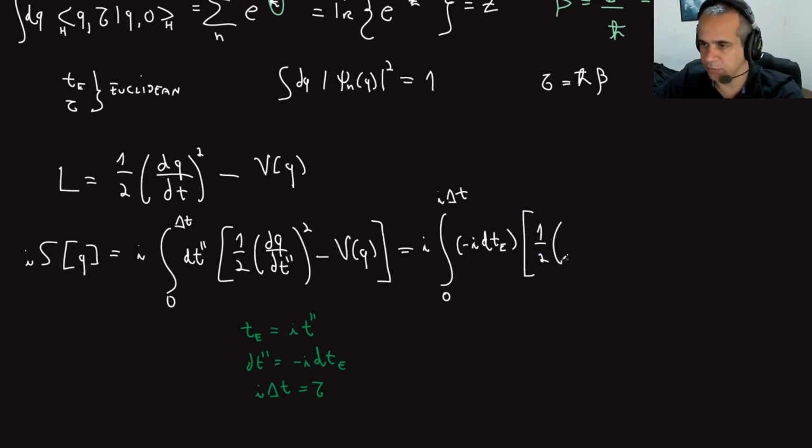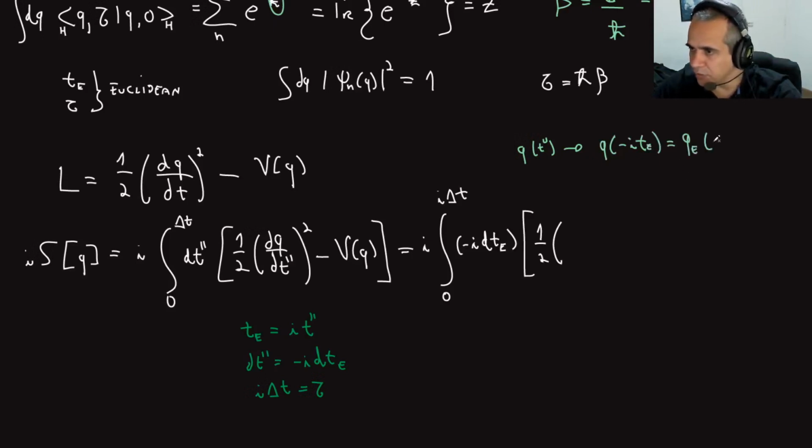And now I have to deal with the Lagrangian itself, right? So this is half. The function, this q, it was originally a q of t'', right? Now it will change to a q of minus i t Euclidean, right? And I will baptize these just q_E of t_E. So however these imaginary numbers are being absorbed in the function changes the shape of this function, and of course it becomes this new one, which is the q Euclidean, right?